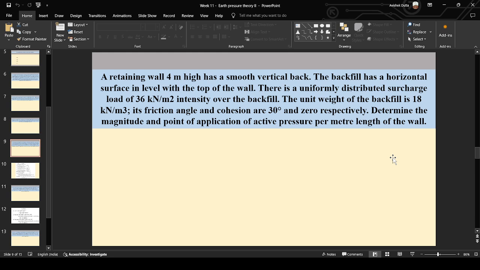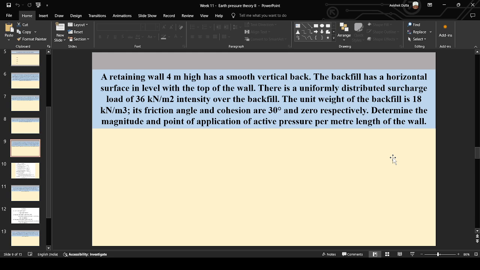A retaining wall 4 meter high has a smooth vertical back. The backfill has a horizontal surface in level with the top of the wall. There is a uniformly distributed surcharge load of 36 kN per meter square intensity over the backfill.